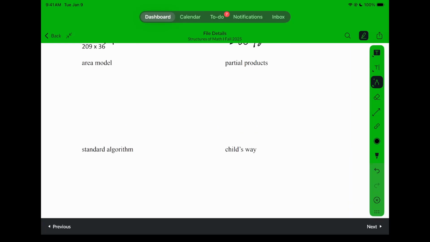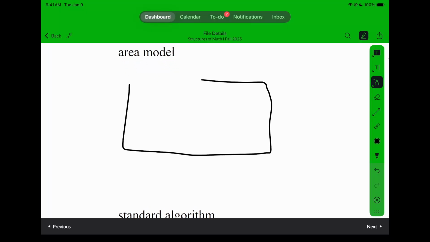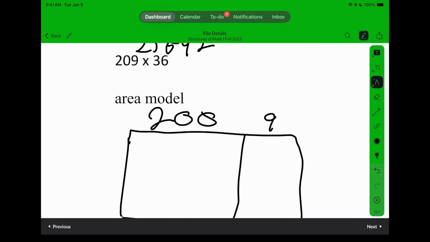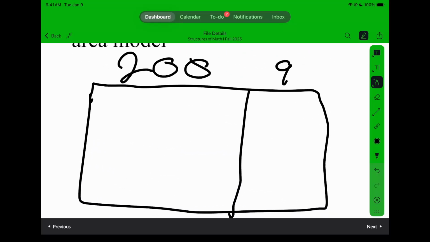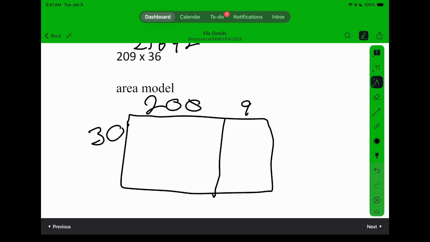Next number is 209 times 36. So, area model. We have 209. We don't have anything in the 10 spot. There's a 0, so you don't need to include it and just have a bunch of zeros. That just makes it messy and unnecessary.